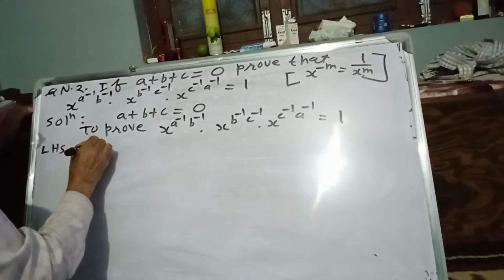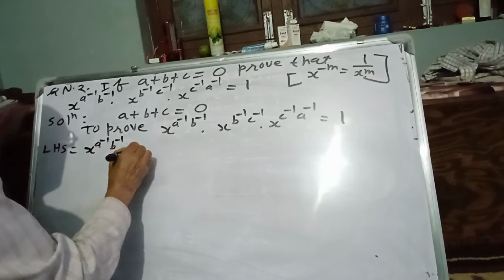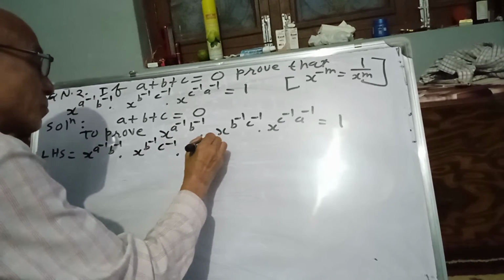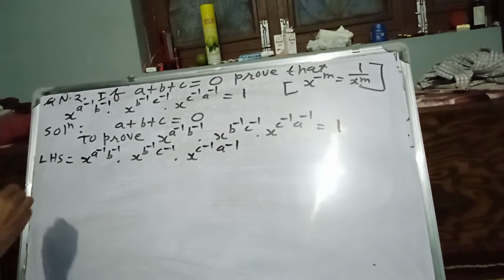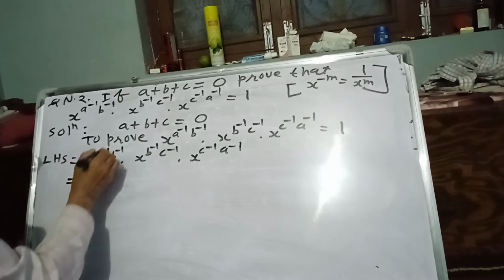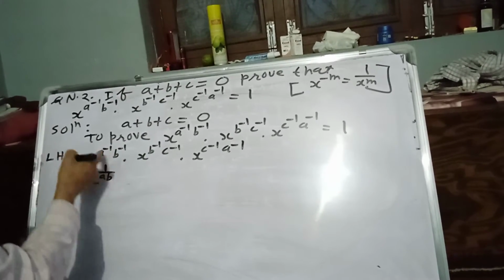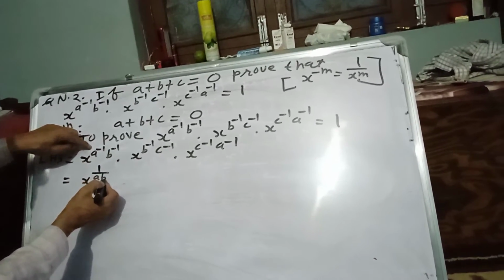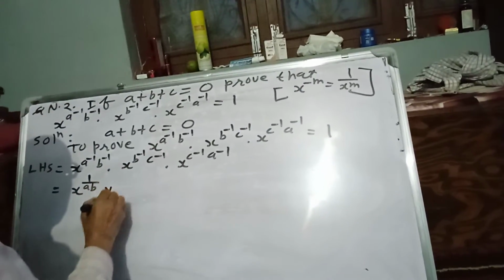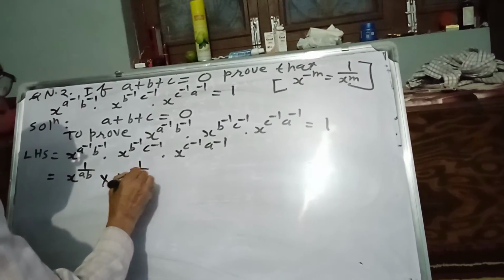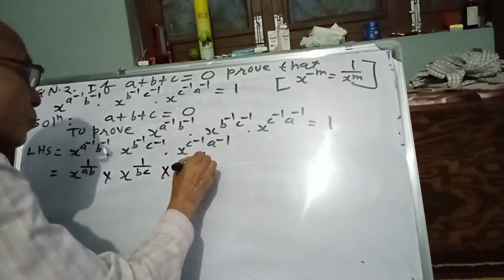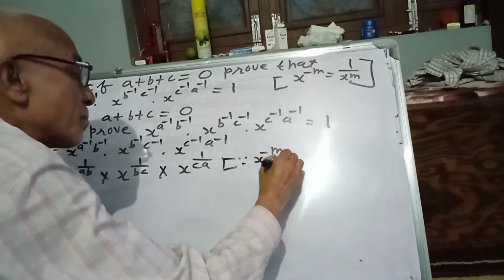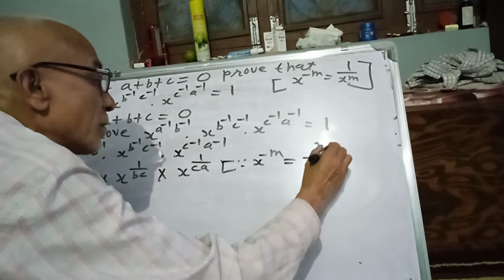x to the power a inverse b inverse, into x to the power b inverse c inverse, into x to the power c inverse a inverse. Just apply the rule: a inverse is 1 by a, b inverse is 1 by b. Using this formula, we get x to the power 1 by ab into x to the power 1 by bc into x to the power 1 by ca, because x to the power minus m equals 1 by x to the power m.